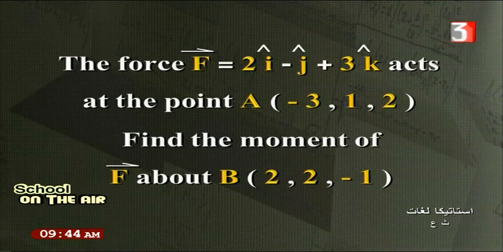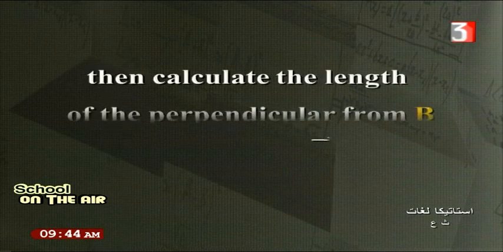My dear student, we know the moment of a force in three dimensions uses the determinant: first row i, j, k, second row the position vector r, third row the force F. But we have AB, so in this case we find BA. BA vector equals A minus B: negative 2 minus 2 is negative 5, 1 minus 2 is negative 1, 2 minus negative 1 equals 3. This is the position vector r.